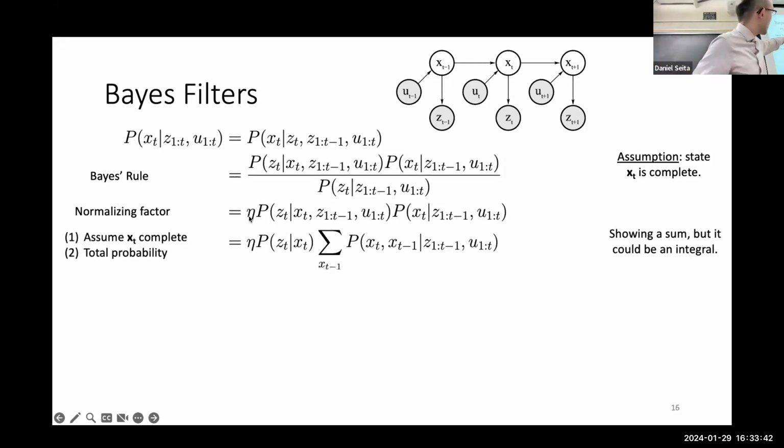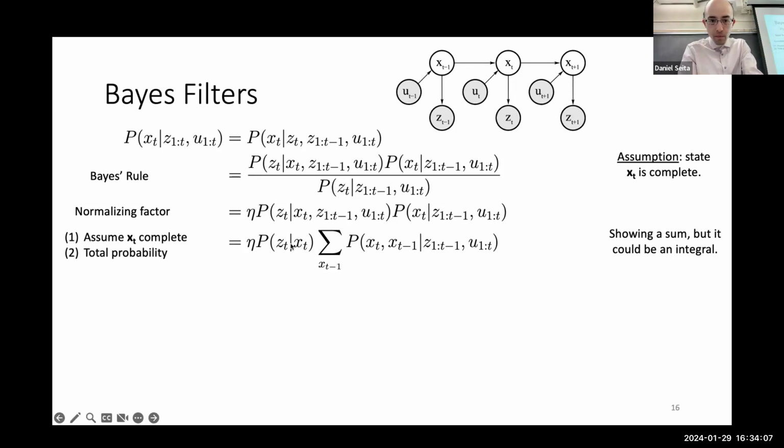So the next line, going from here to here, there are 2 steps kind of mixed together. Again, this is a sum, but you could have an integral if you work in continuous land. Here we're going to make it discrete because I think that's usually easier for people to think about.